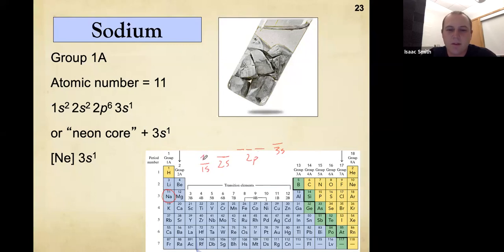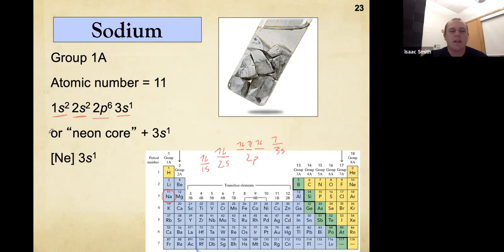So 1, 2, 3, 4, 5, 6, 7, 8, 9, 10, 11. We have 2 electrons in the 1s sublevel, 2 electrons in the 2s sublevel, 6 electrons in the 2p sublevel, and then 1 in the 3s.